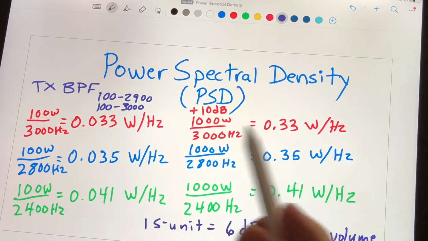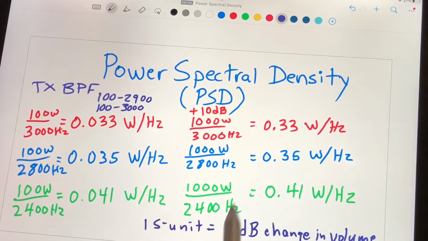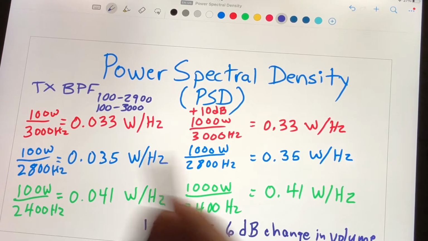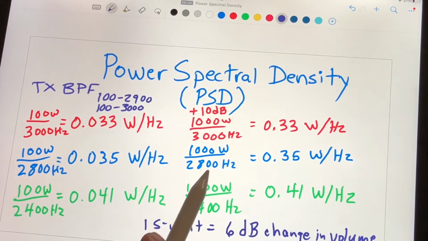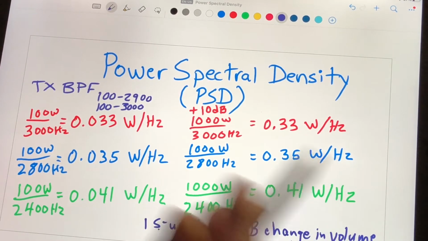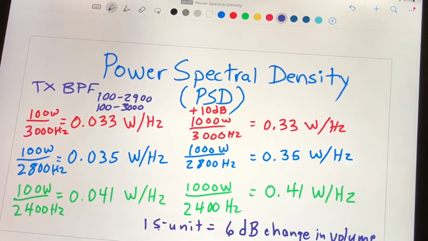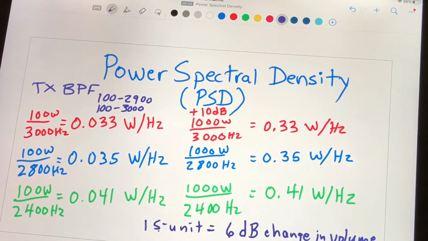Now, before I get off this page, there's another page I want to go to, but I just wanted to mention, just as a refresher, if you haven't watched my video about decibels and S meters, one S unit is a 6 dB change in volume, okay? It just means that it takes 6 decibels of audio increase or decrease for your ear to notice it. And that's why the S meter scale is supposed to be 6 decibels per S unit.